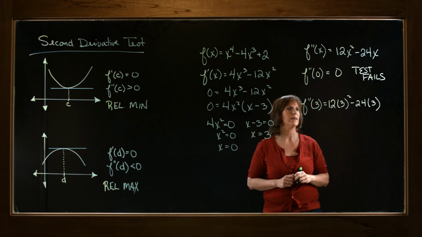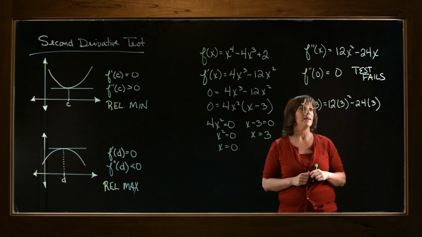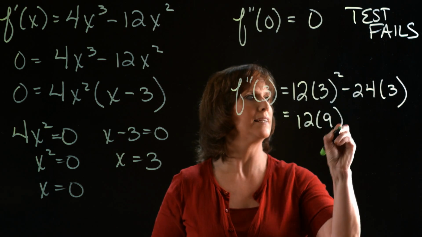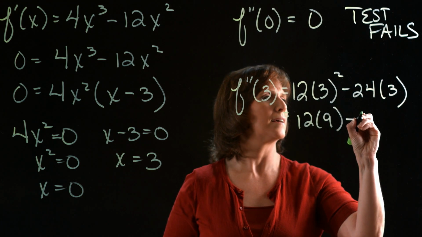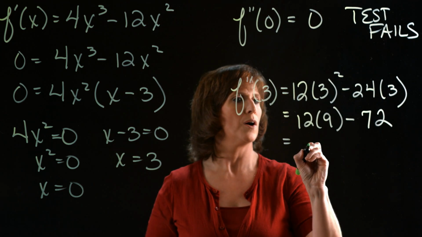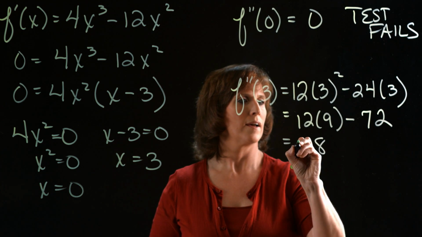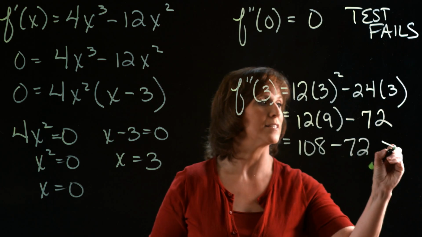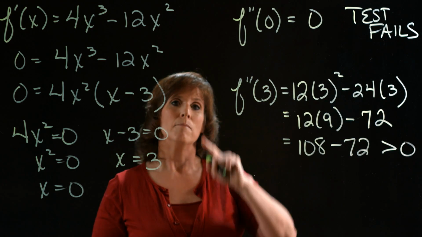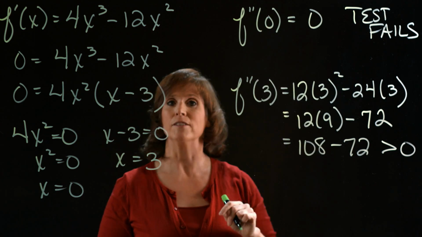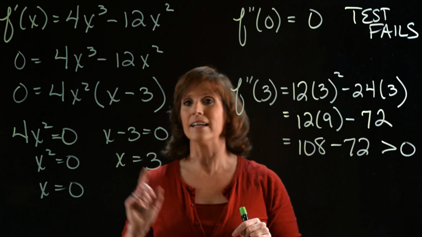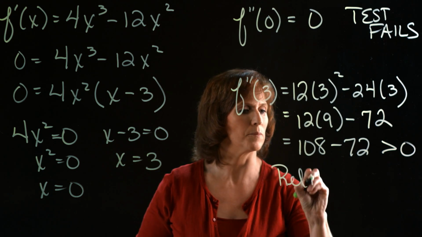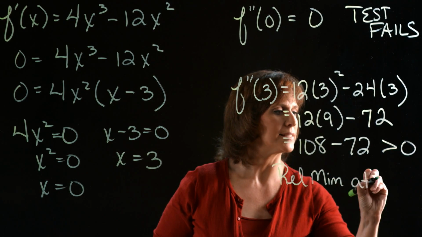Now this is definitely going to be a positive number, because I have 12 times 9, or 108, minus 72, which is again definitely a positive number, which means my graph is concave up. And if it's concave up and the slope of the tangent line is 0, we must be talking about a relative minimum at x equals 3.